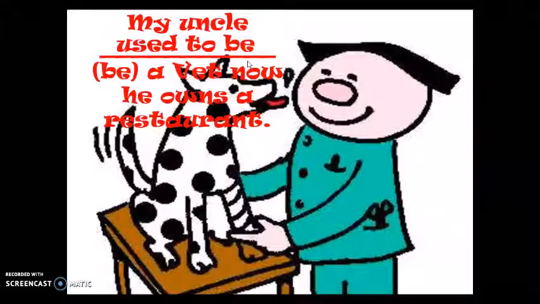Vemos muy marcada la diferencia aquí con el hábito en pasado, al usar la forma used to, y la forma en presente, con now, con ese adverbio de tiempo. Mi tío solía ser veterinario, ahora es dueño de un restaurante. Right, correct. Very good job.